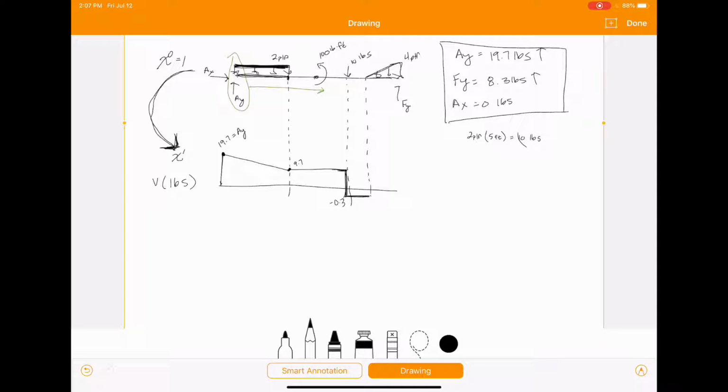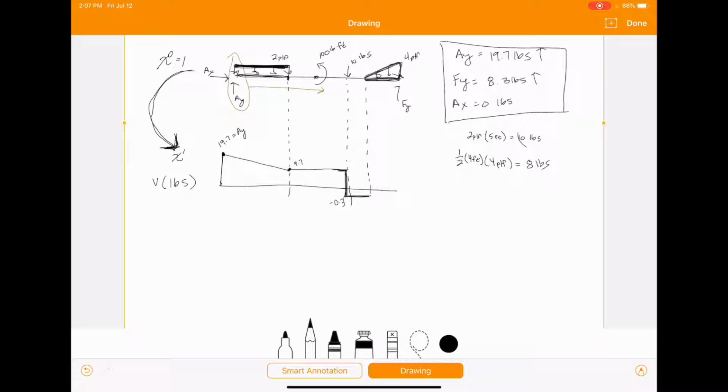And again, we're just going to take the area of this triangle, and that's how much shear is going to be applied over that length right there. So the area of a triangle is 1/2 base, which is 4 feet, times height, which is 4 PLF, which is going to be 8 pounds.